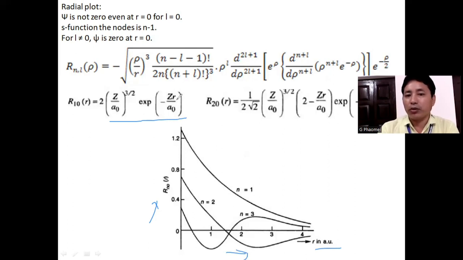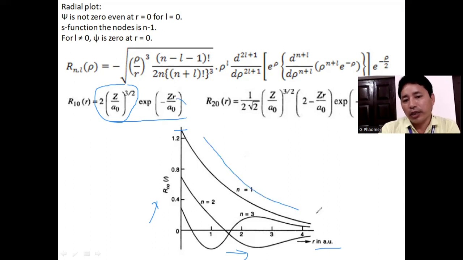Therefore, it depends only on the r value. If r is 0 at this point, you will get a value like this. That means this value is the highest at the 0 point, and if you keep increasing the value of r, it will keep on decreasing.